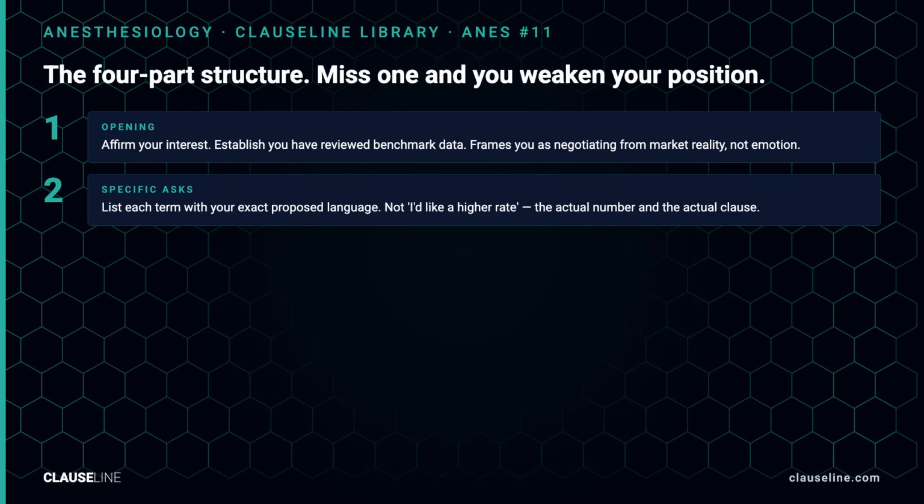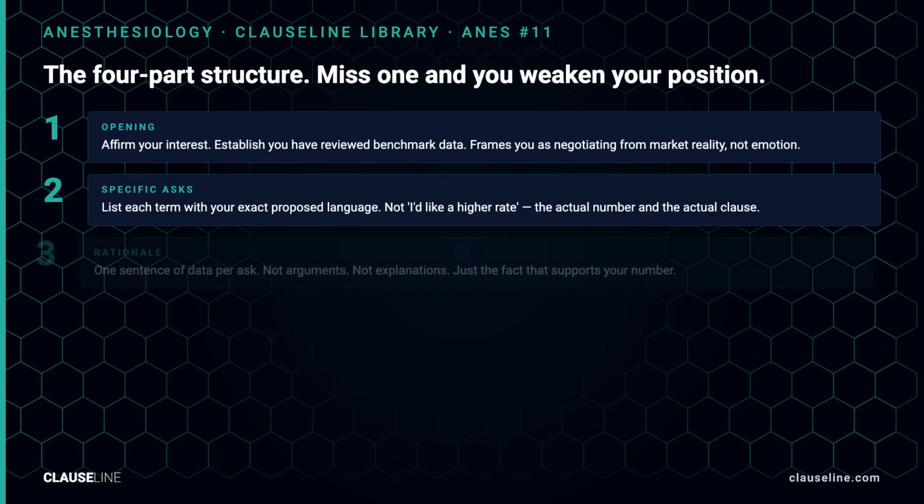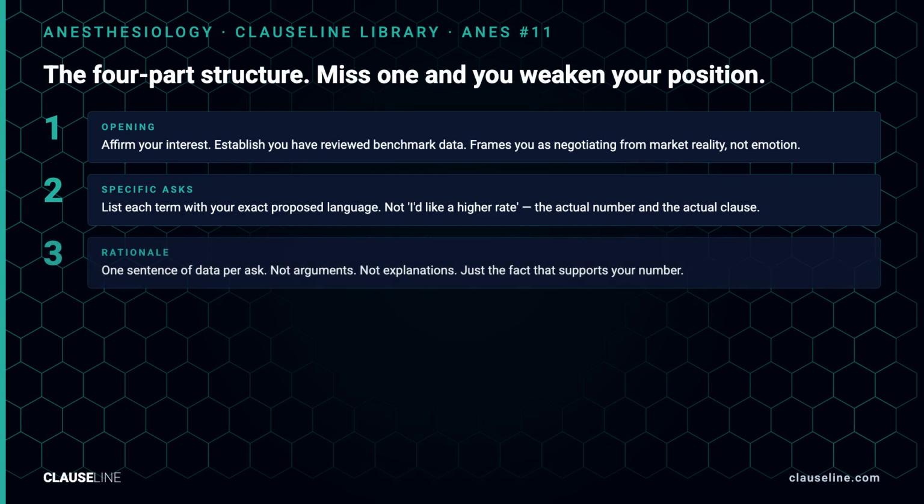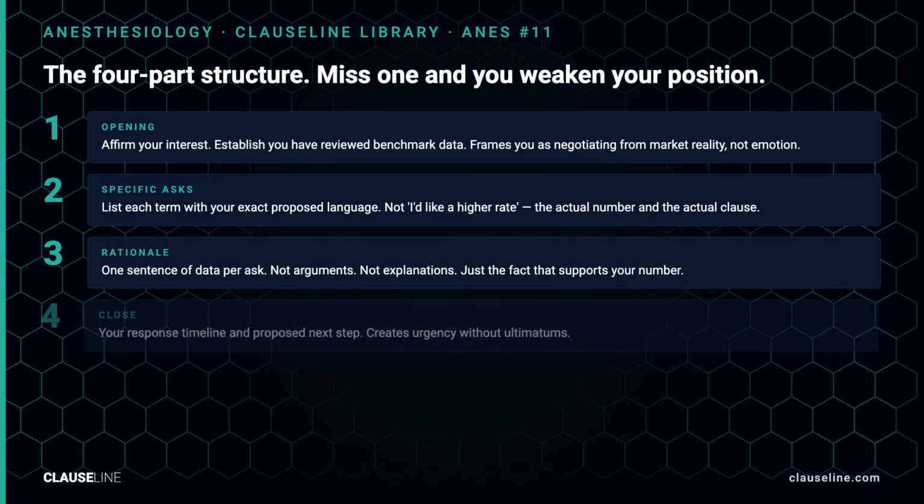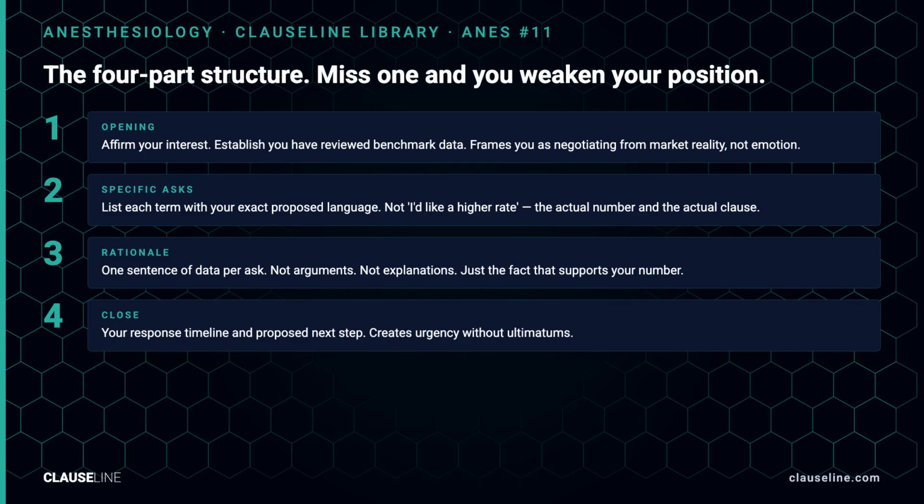Now the 4 terms. These move the most money in an anesthesiology contract. Base rate. Your offer is $530,000. National 2025 anesthesiology data shows a median of $563,750 and a mean of $577,000. Proposed language.